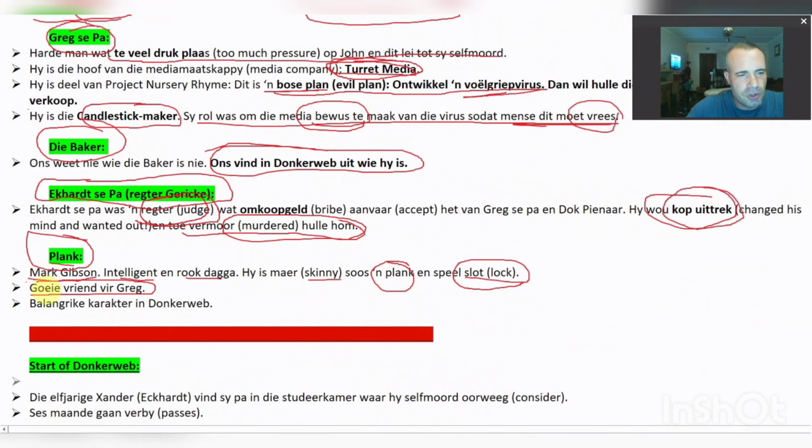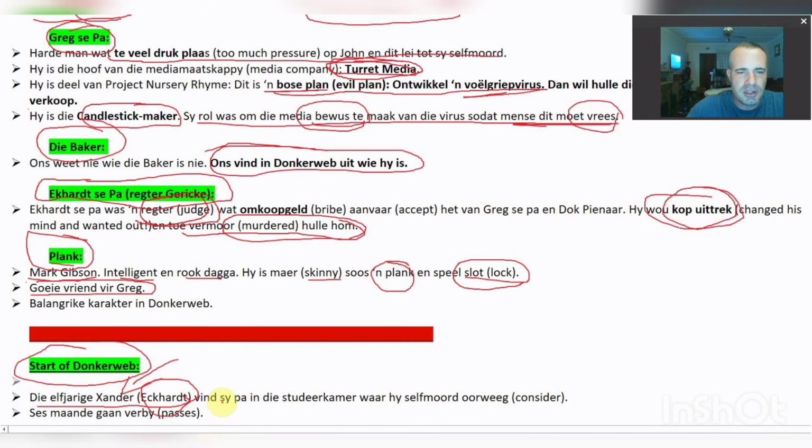if you look at the start of Donker Web, again, we start with this 11-year-old Eckhart, and now they reveal his name. Zander, that's his real name. Eckhart was obviously fake. His whole life at the school was fake.